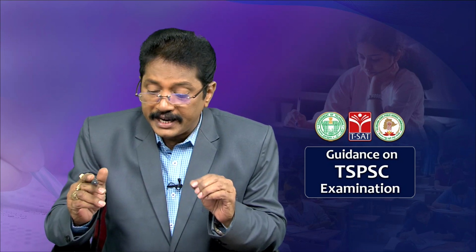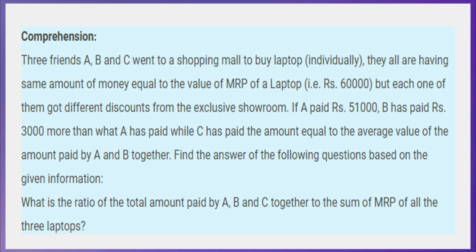If A paid 51,000, it means he got a 9,000 rupees discount. B has paid 3,000 more than what A has paid. What you understand is, 51,000 he paid, so B has paid 54,000 because he paid 3,000 more. 51 plus 3 is 54,000, so here he got a 6,000 discount.